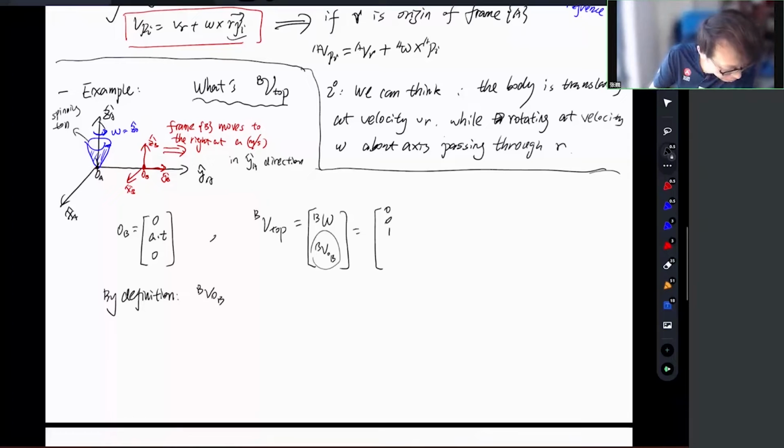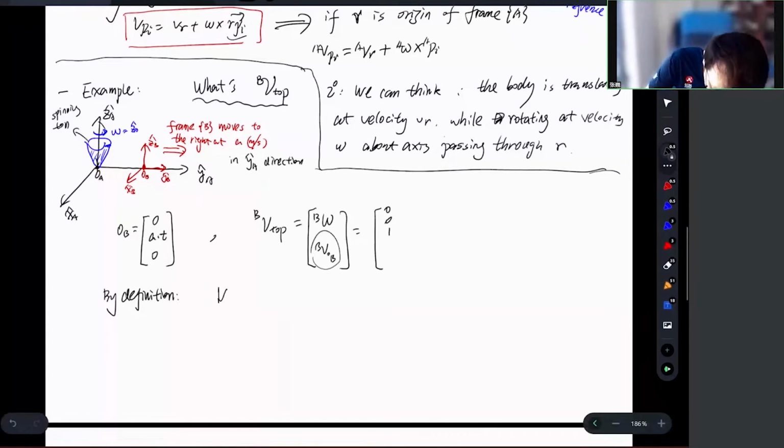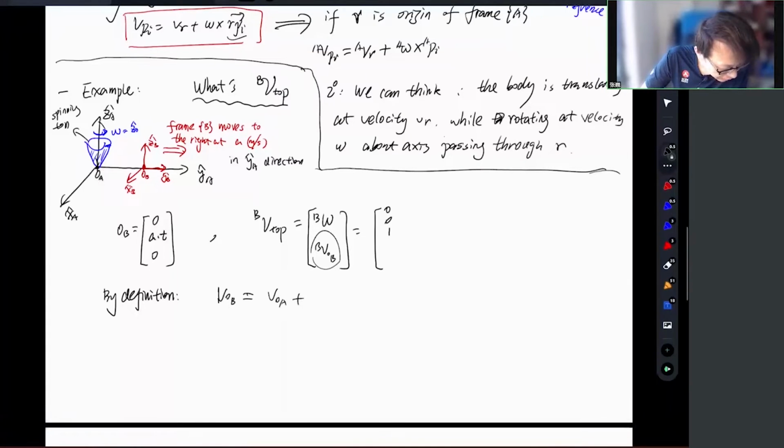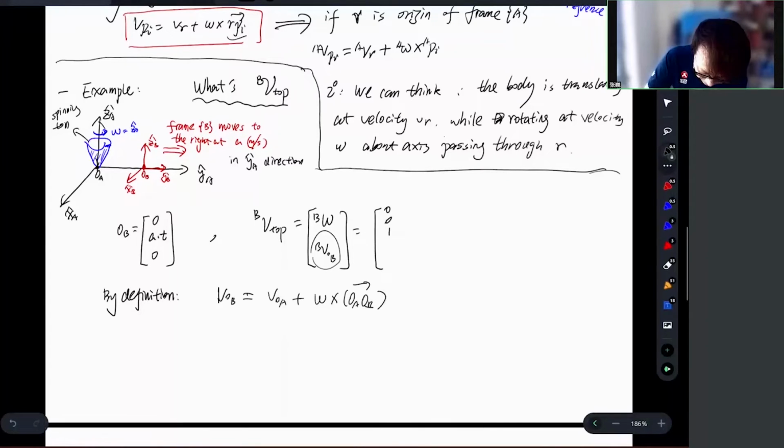So VOB would be, because we assume it's a body fixed point, if I choose OA as a reference, we know VOA is 0. So if I use that as a reference, VOA plus omega cross the vector from OA to OB.